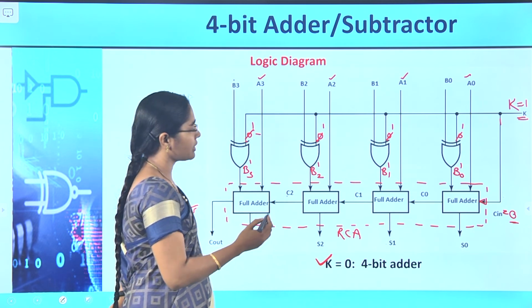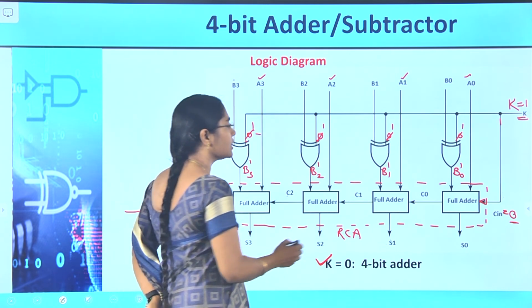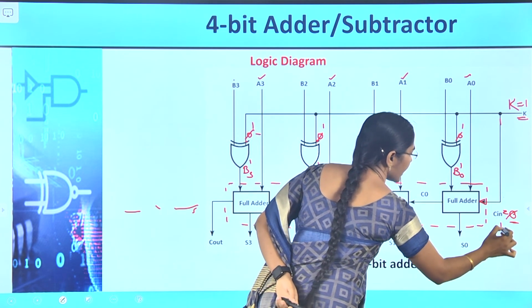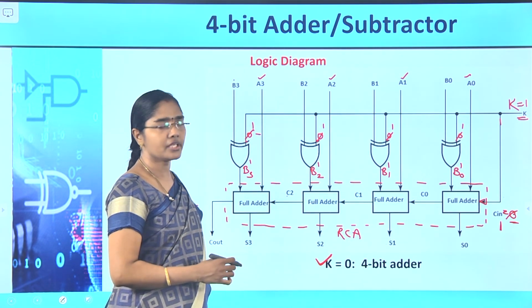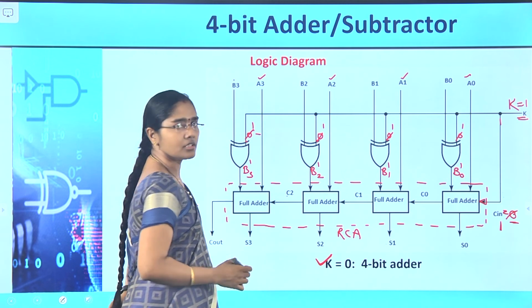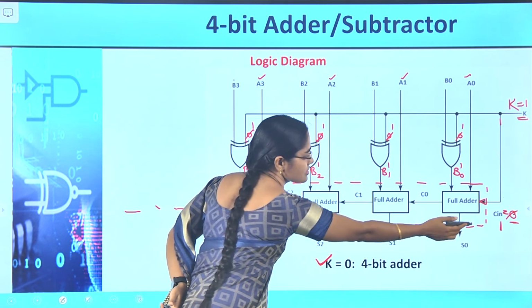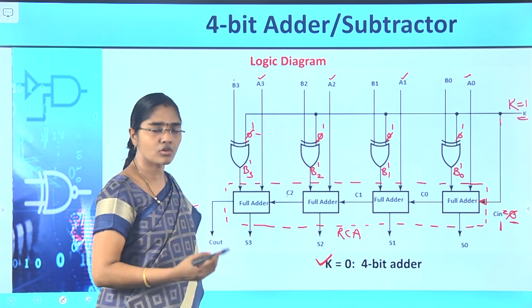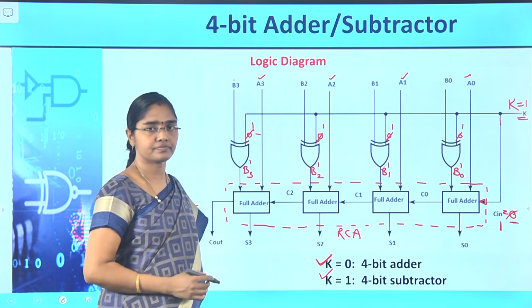That is, B0 bar, B1 bar, B2 bar and B3 bar are the outputs of the XOR gates. The same K is applied as Cin for the first full adder. Now what are the inputs? A0 to A3 and B0 bar to B3 bar plus 1. So that is simply the subtraction operation.